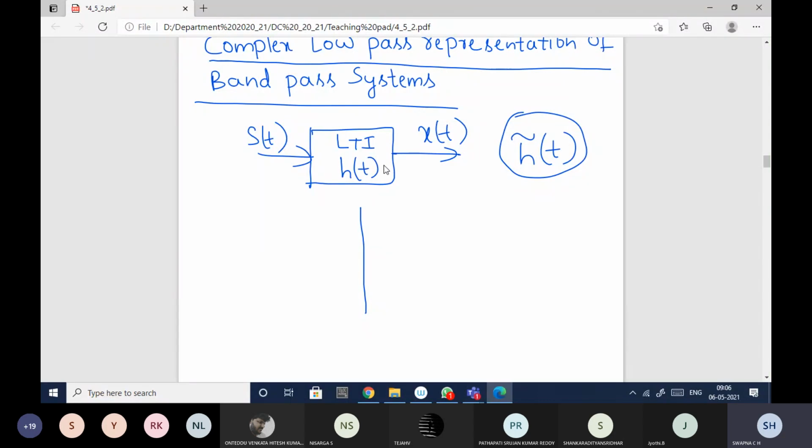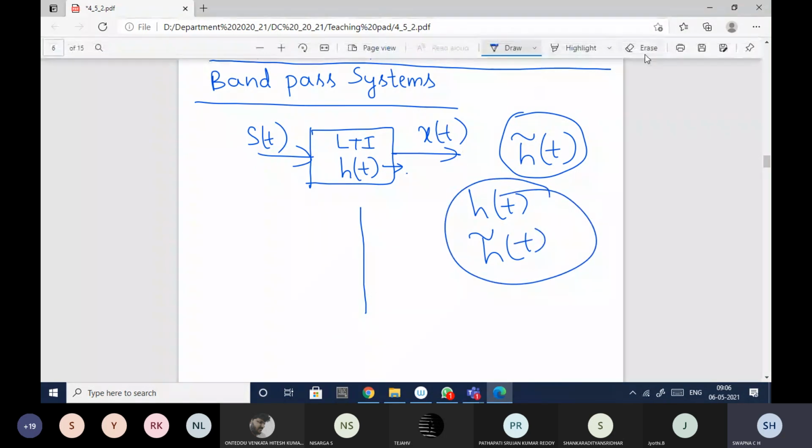So the given h(t) is a bandpass system, and for this bandpass system I need to get h̃(t). That is the overall thing that we'll find here. You have h(t), you need to get h̃(t). That is what this topic is completely related to.